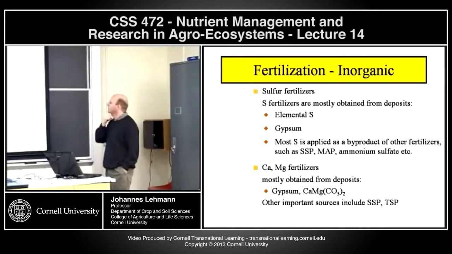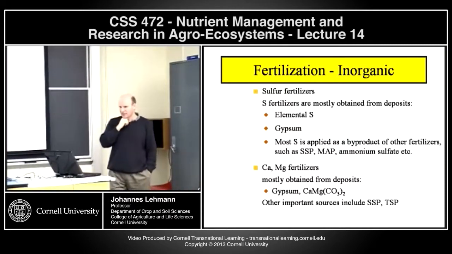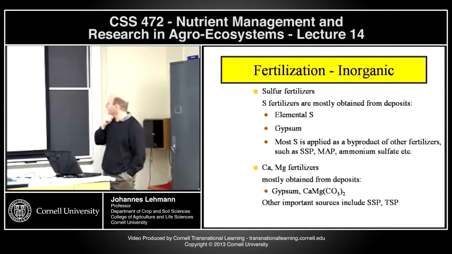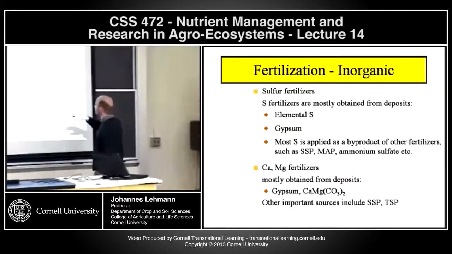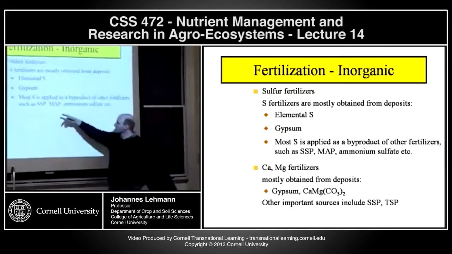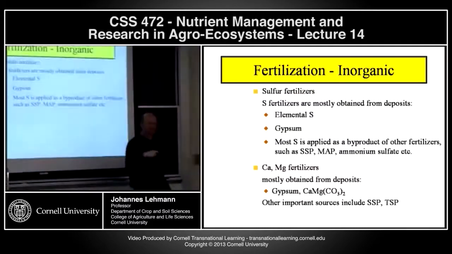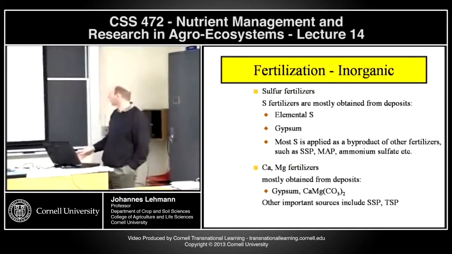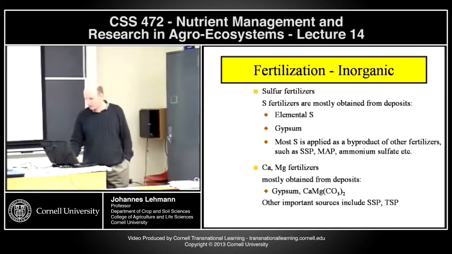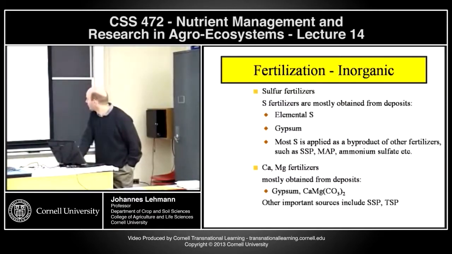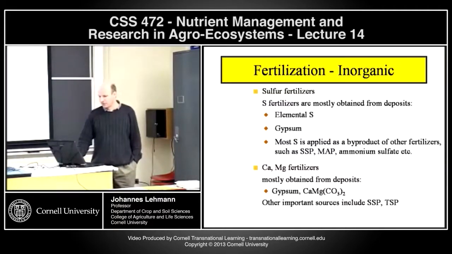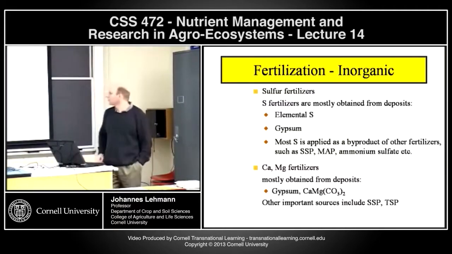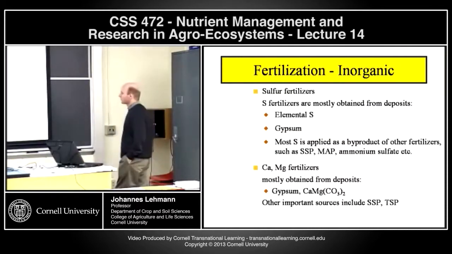You're right. But in today's world, it's actually very often applied as a byproduct of other fertilizers. For instance, single superphosphate. So if you apply a phosphate fertilizer, the sulfate comes with it, or ammonium sulfate, although this is not used today as much anymore. But ammonium sulfate used to be an important fertilizer, and you would apply it with the nitrogen.